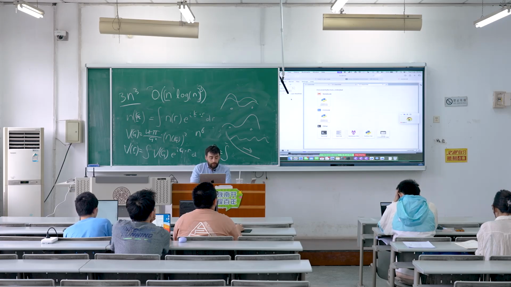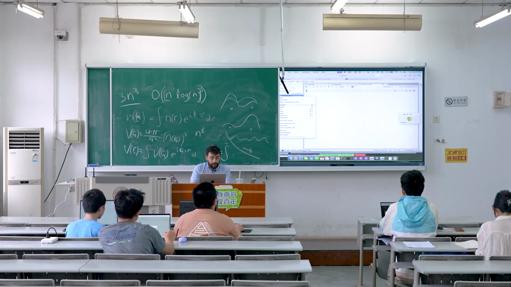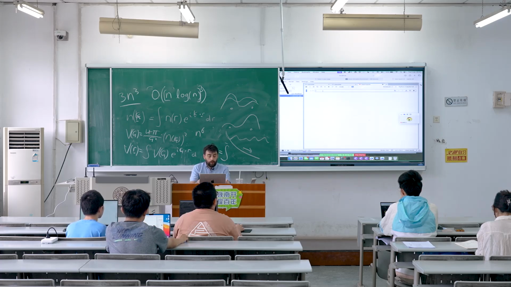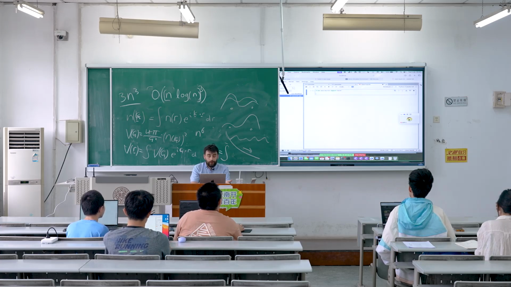Right. So what I'm going to do is start a Jupyter notebook, and I'm going to call this class 1. I'm going to say from ase.build import bulk. So bulk means a bulk crystal.